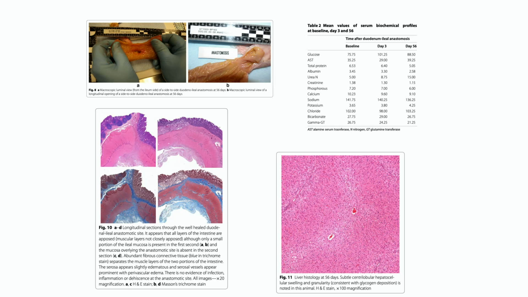There was slightly central lobular granularity as described by the hepatologist, but we did not see fibrosis or other effects on the liver. For biochemistry, we looked at 56 to 60 days, and there was no derangement in this experiment. We also had the histology of the anastomosis and alignments of the submucosa, and so forth.